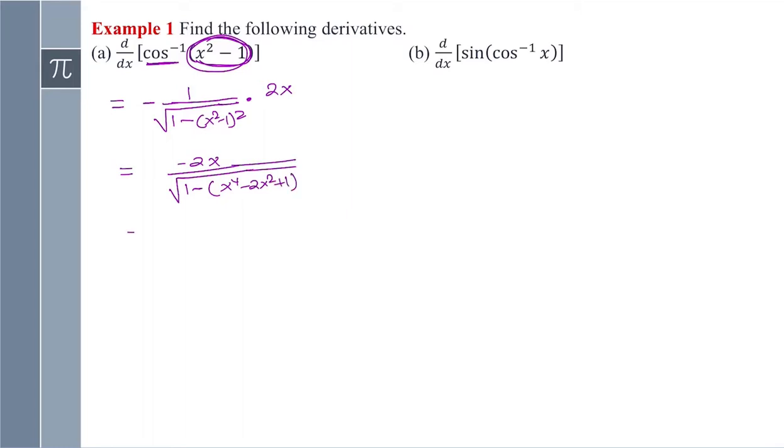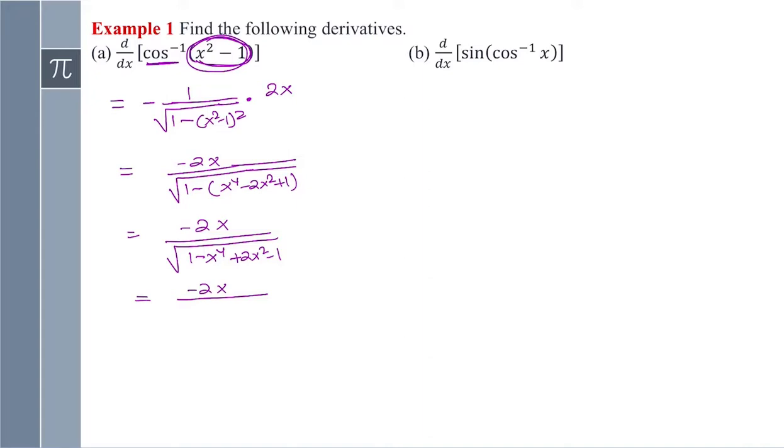If we open the parentheses, we get negative 2x over the square root of 1 minus x to the fourth plus 2x squared minus 1. So 1 minus 1 is 0, and we get negative 2x over.